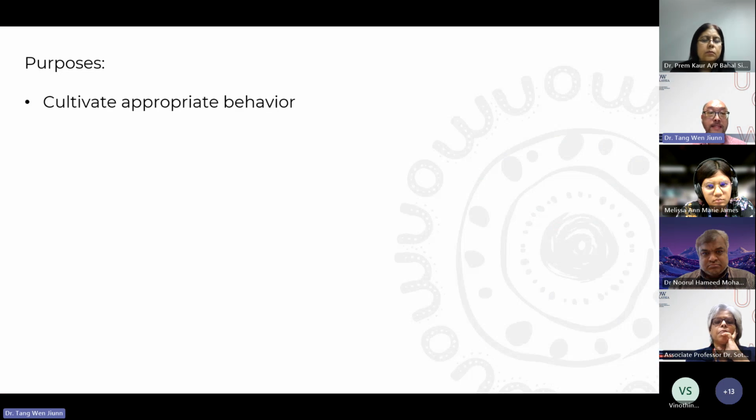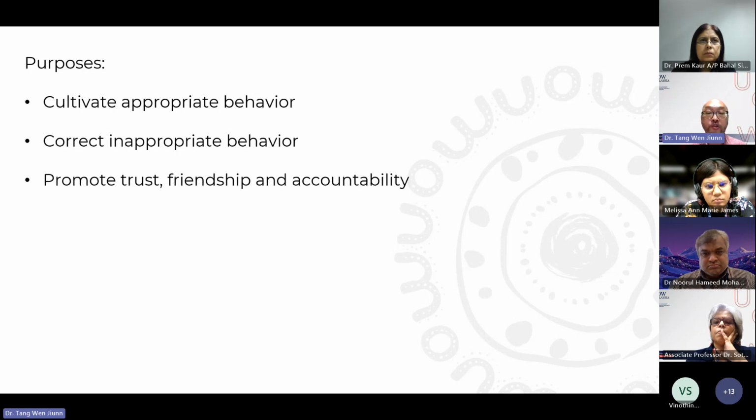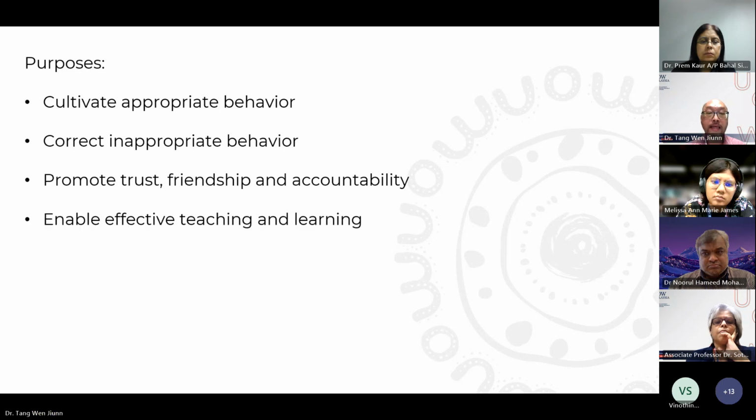So the purpose: first is to cultivate appropriate behavior, and then we use that time in the class to correct inappropriate behavior, promote trust, friendship, and accountability, and enable effective teaching and learning.